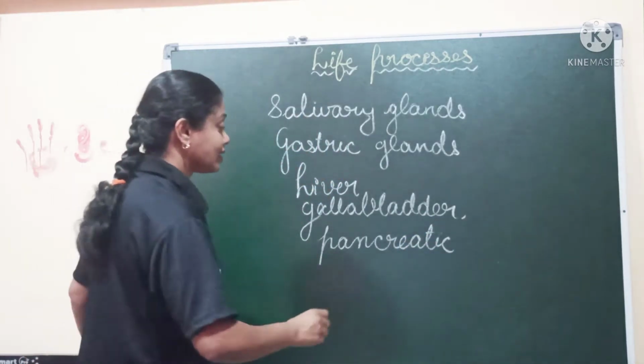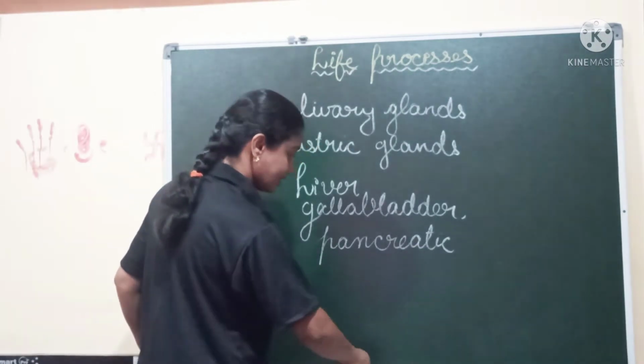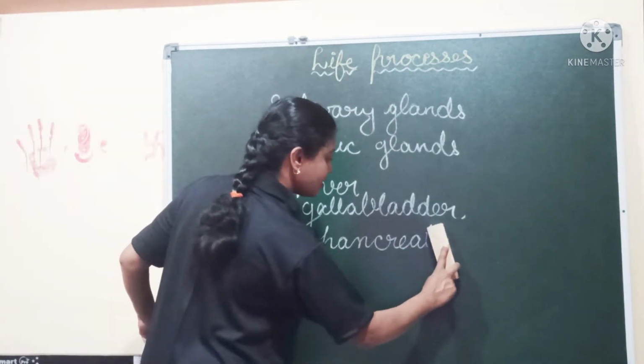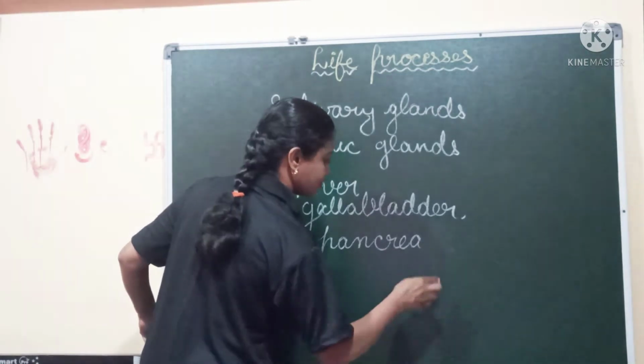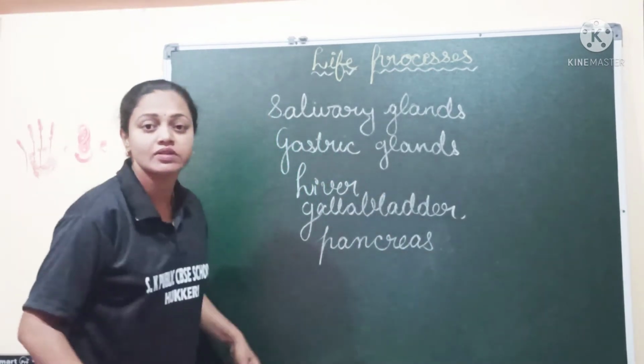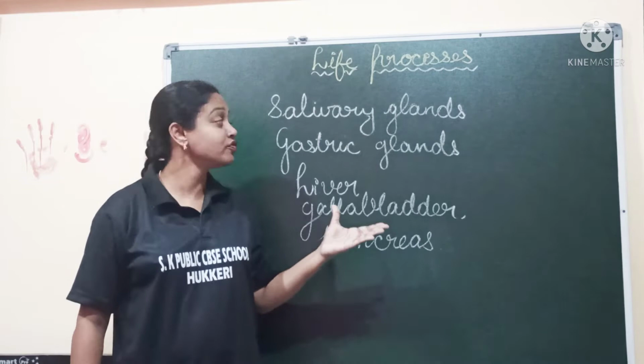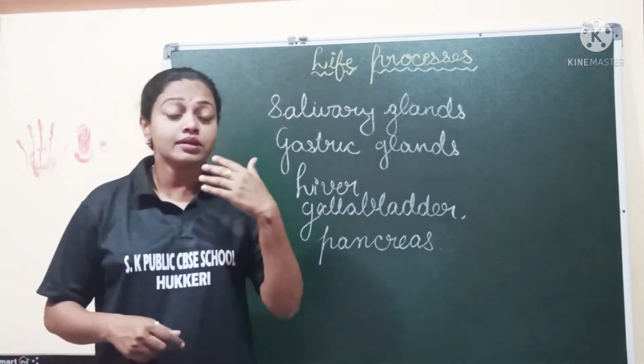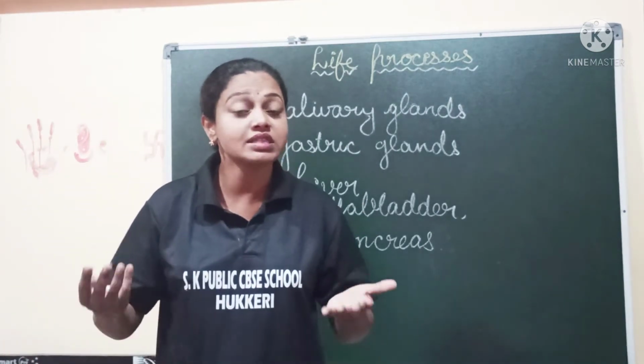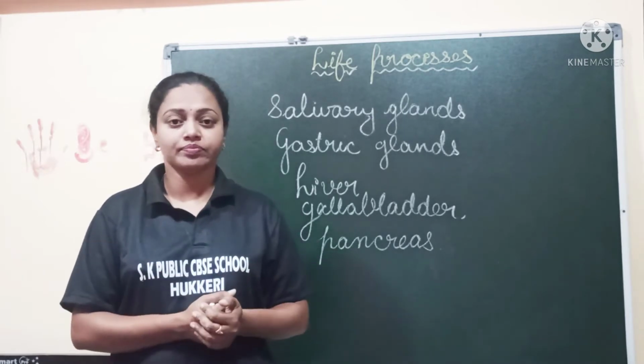Pancreatic juice comes from the pancreas. These are a few of the digestive glands which are in your abdominal region.